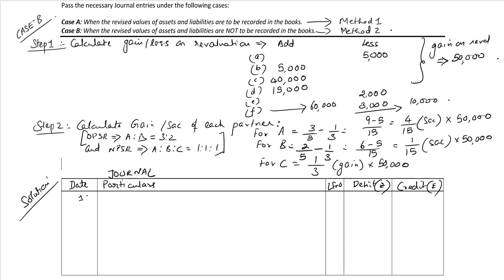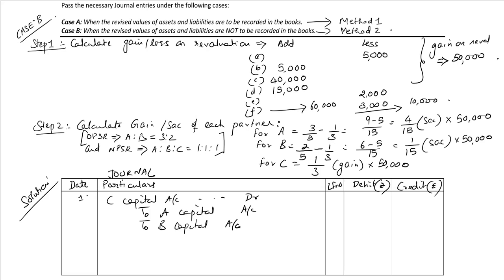So we need to, it's a gain on revaluation. So we'll debit the gaining partner's capital account, which in this case is C's capital account, and credit the sacrificing partners' capital accounts, which is to A's capital account and to B's capital account.